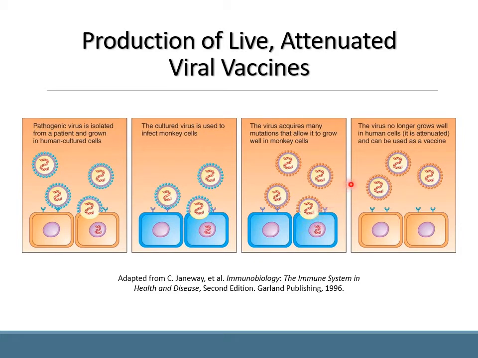They have, however, looking at this last panel, lost the ability to grow in human cells through those passages in monkey cells. So they are live, they're still able to infect host cells, but they no longer can infect human host cells. So now they can be used as a vaccine.